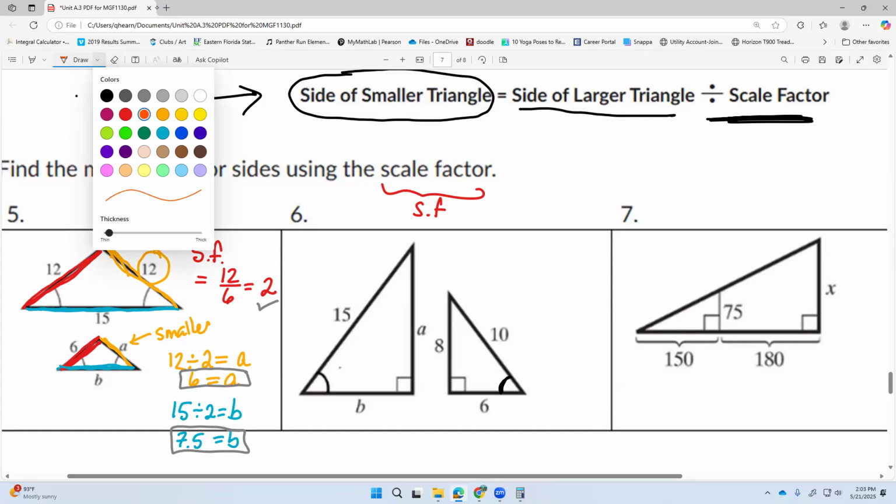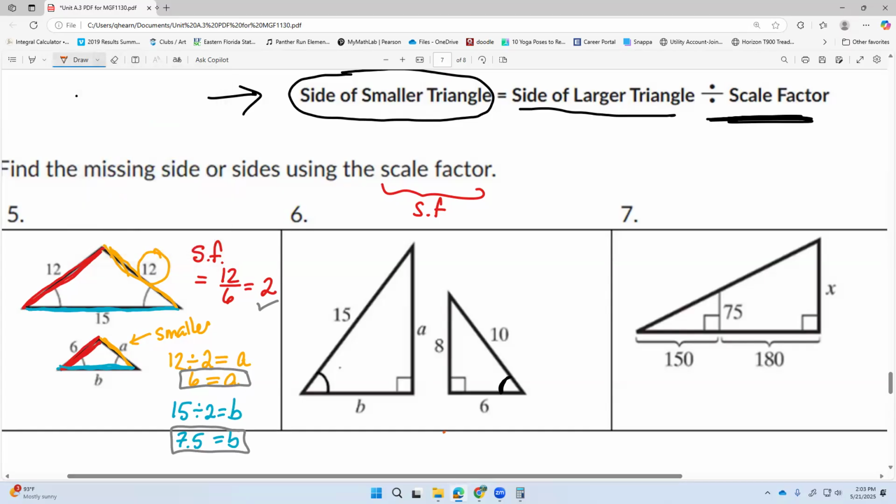All right, so which side would correspond to the side of length 15? Notice that that side is directly across from the right angle. We would call that the hypotenuse, by the way. So it has to correspond to the hypotenuse in the other triangle.